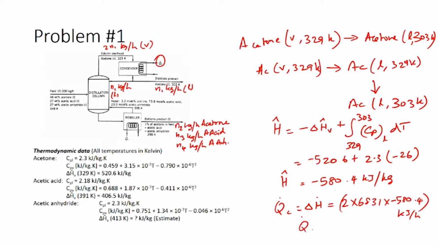So Q dot C is minus 7.93 times 10 to the power 6 kilojoules per hour. The negative sign is there because it is a cooling process where heat is being removed from the system.